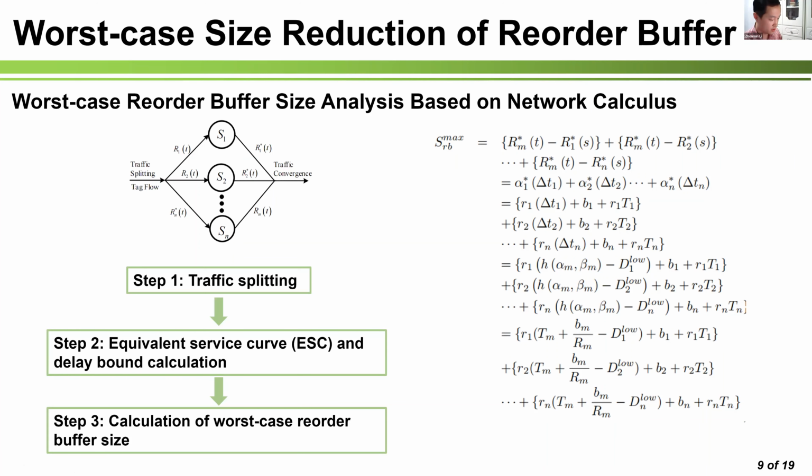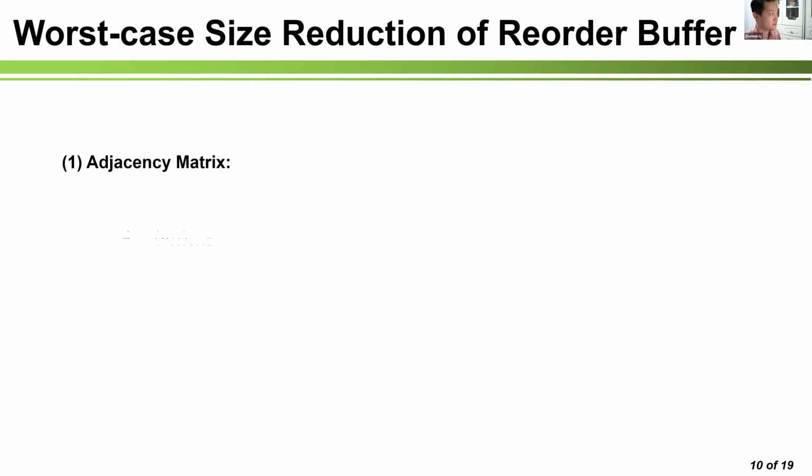Let's skip all the tedious derivation of the equations and give the final results, which is also equation 5 in the paper. This is a big equation, but it represents the method of calculating the worst case reorder buffer size. Based on the discovery and insights from examining this equation, we further developed a method to reduce the worst case buffer size.